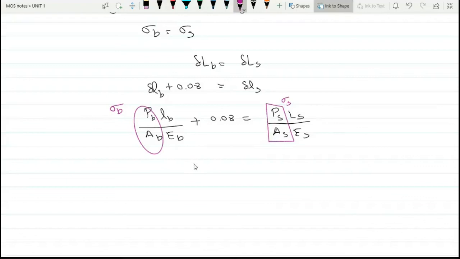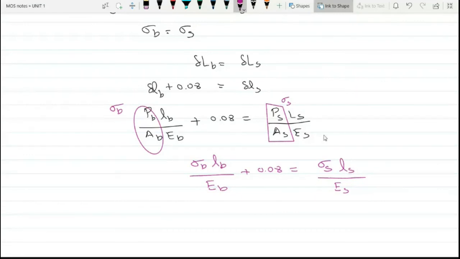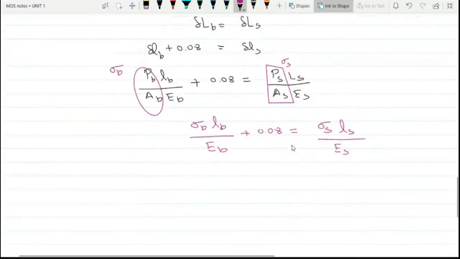So I can rewrite this as sigma B LB by EB plus 0.08 is equal to sigma S LS by ES. Sorry, sometimes I'll use capital and sometimes small letters, but both are the same. Don't get confused.